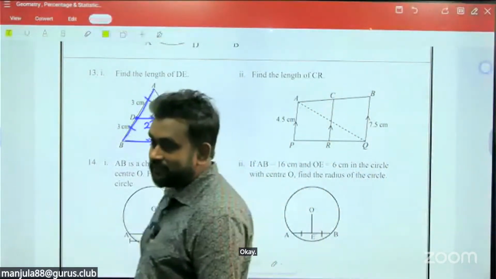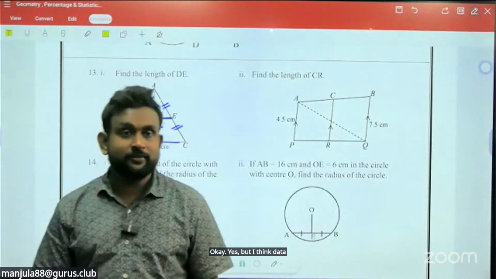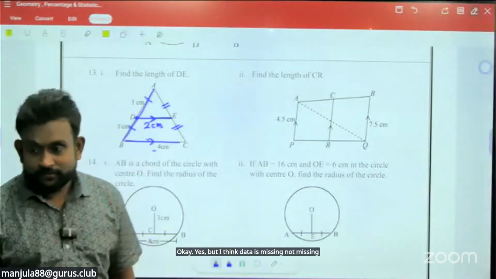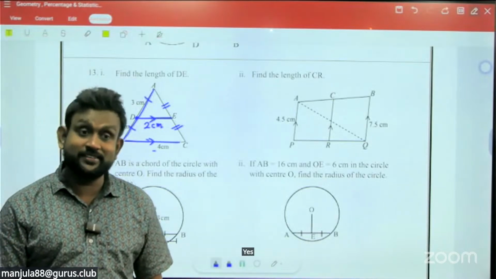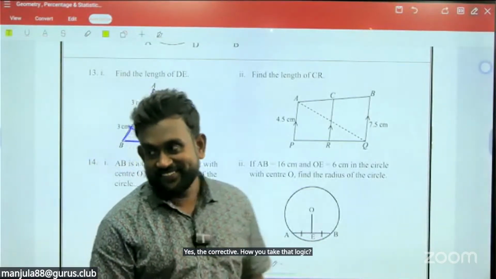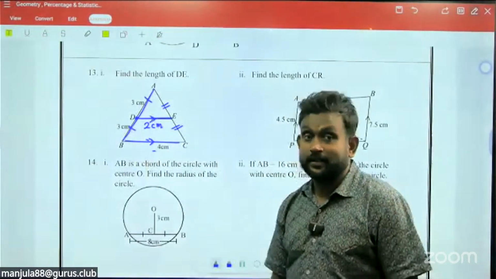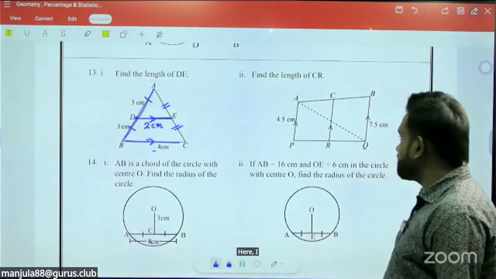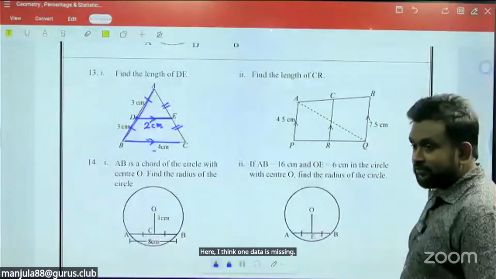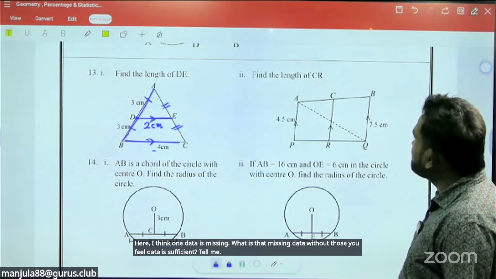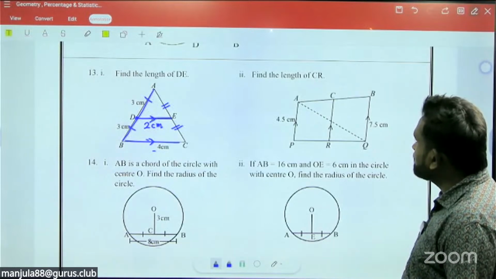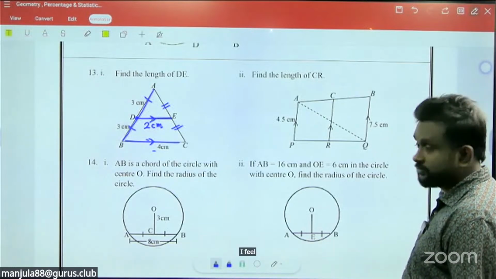Yes, but I think data is missing. Yes, the correct way. How did you take that logic? Here, I think one data is missing. What is that missing data? Without those, do you feel the data is sufficient? Tell me. I feel that one data is missing.